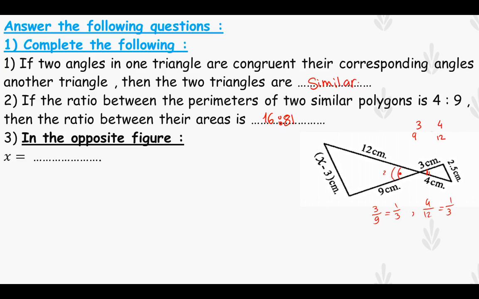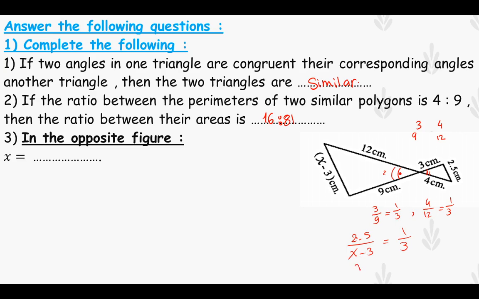So 2.5 over x minus 3 is equal to the ratio 1 over 3.